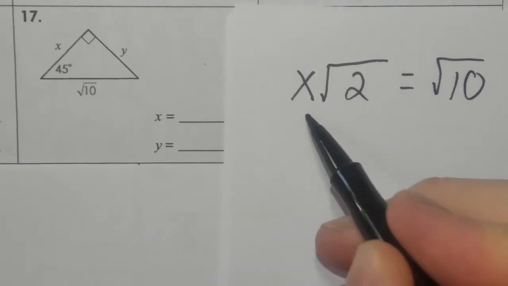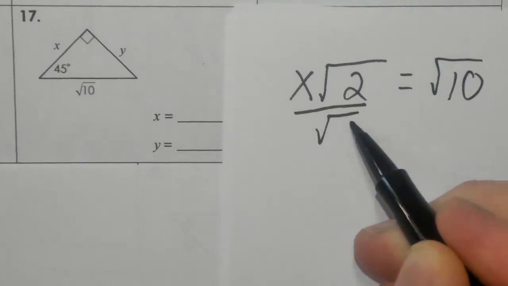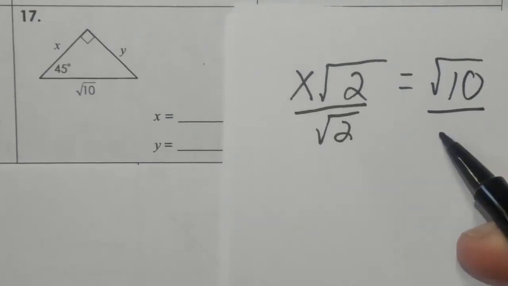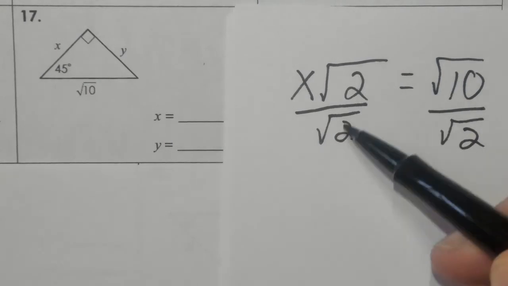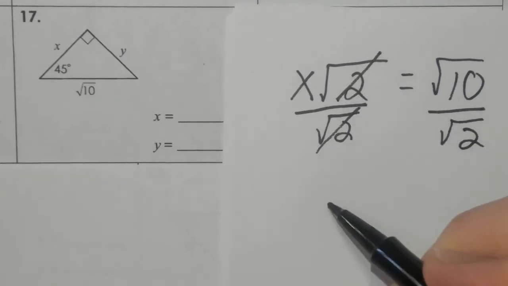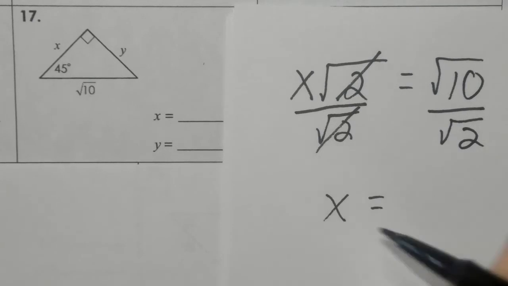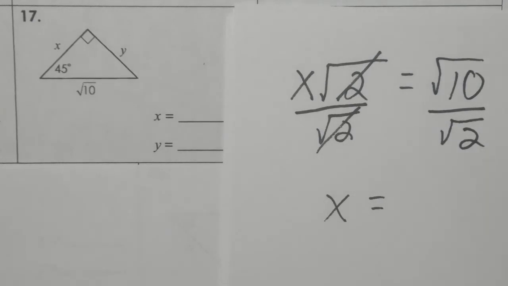So we can just divide both sides by the square root of 2. Okay, so over here, square root of 2 over square root of 2, those two cancel out, and I have just X on the left side. On the right side, I have the square root of 10 over the square root of 2. Okay, so we talked about how we don't want to have a radical in the denominator.